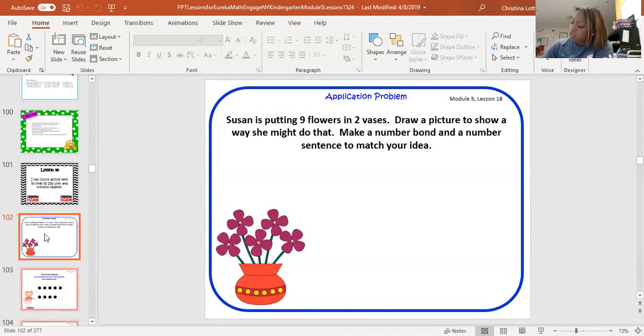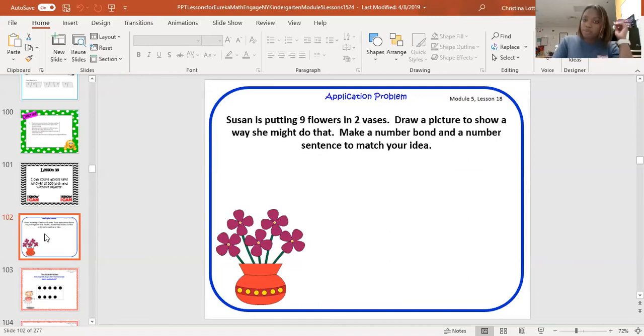Got about 30 seconds left. 10, 9, 8, 7, 6, 5, 4, 3, 2, and 1. Let's stop that.